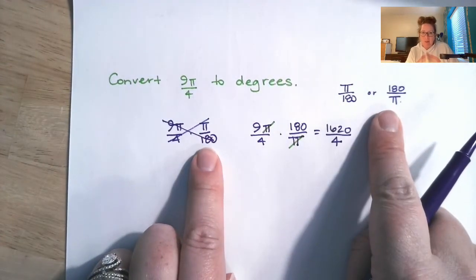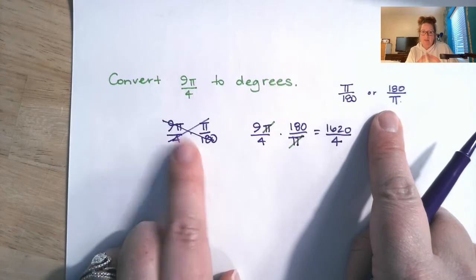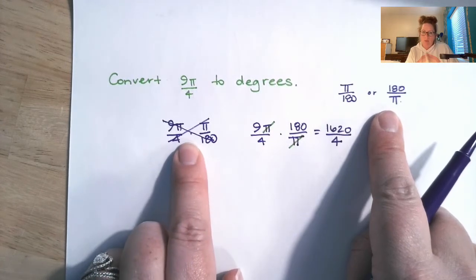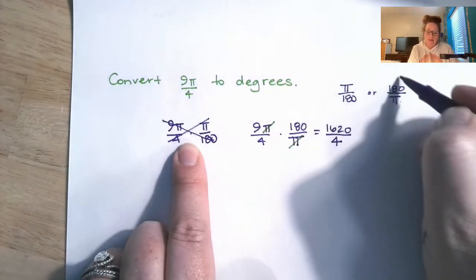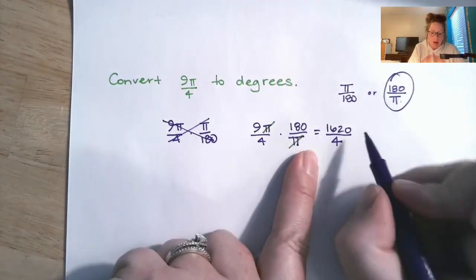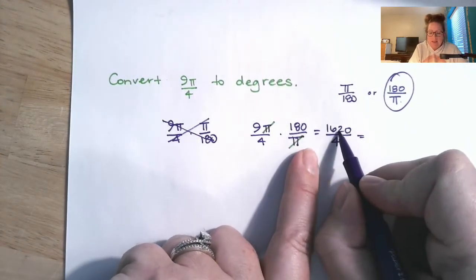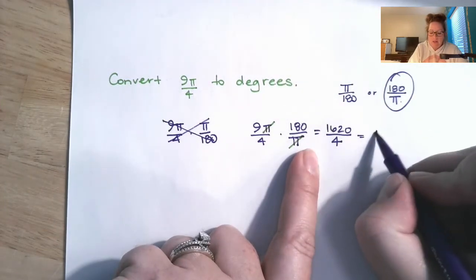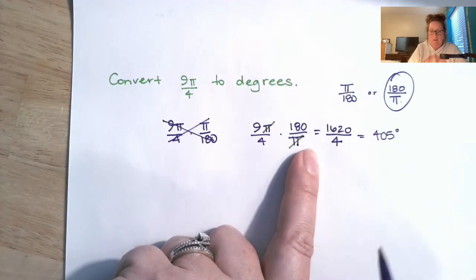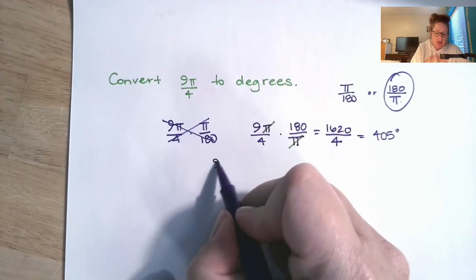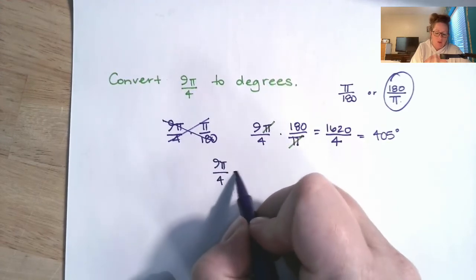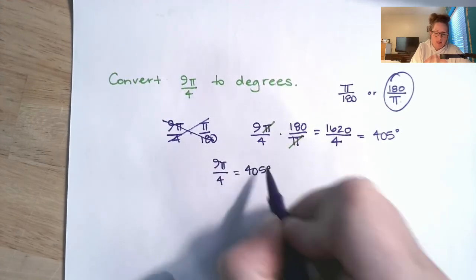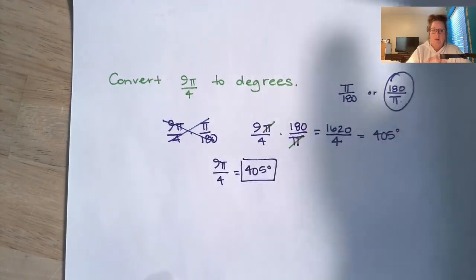If you can't memorize it, that's fine. Think about it. Does this make sense? Pi? Nope. We want it to cancel out. All right, this is the winner. Okay. All right, so now we have 1620 over 4. We can do that little division and we get 405 degrees. So 9 pi over 4 equals 405 degrees. Ta-da!